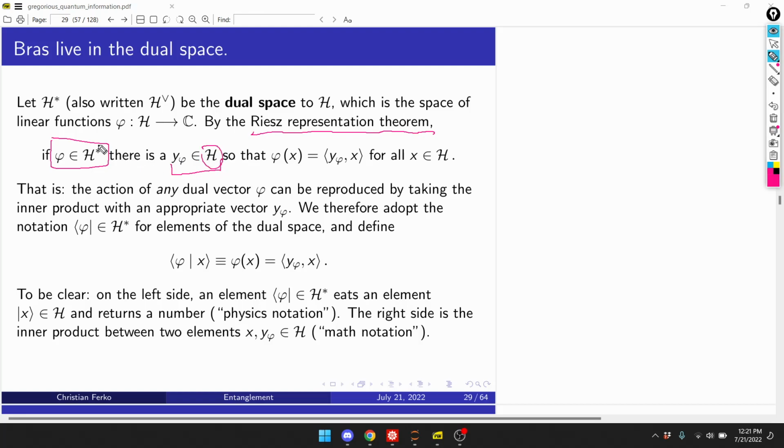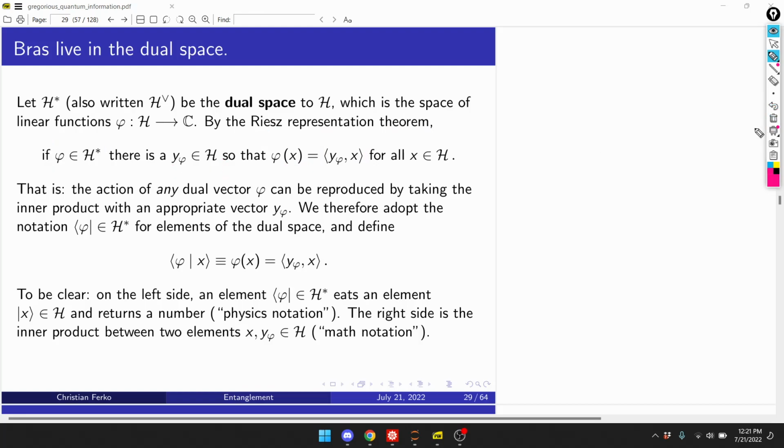So this is in H, not H dual. There's an element in H with the property that the output of that linear function, evaluated on any other element x in the Hilbert space, is exactly the same as the inner product between this distinguished element y sub phi and x.